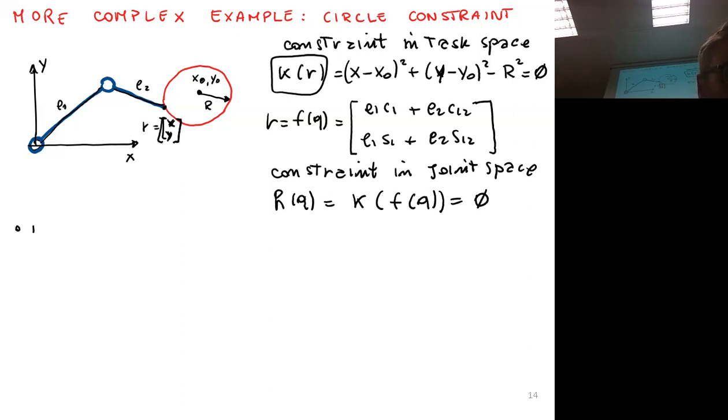And therefore, H of Q is our, we replace here and here. This is a two expression.